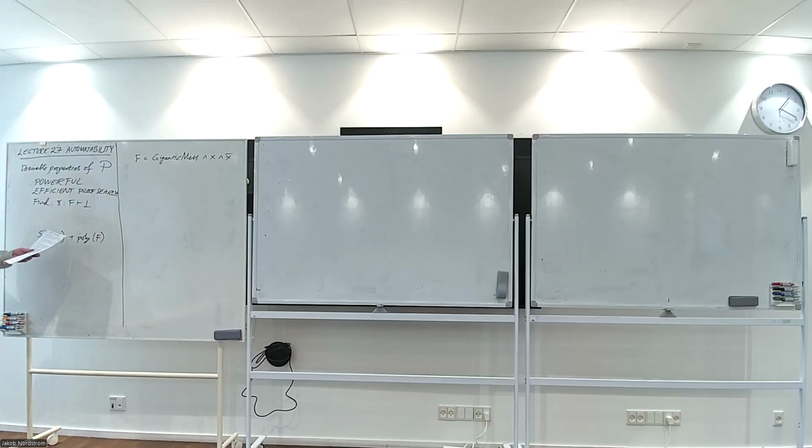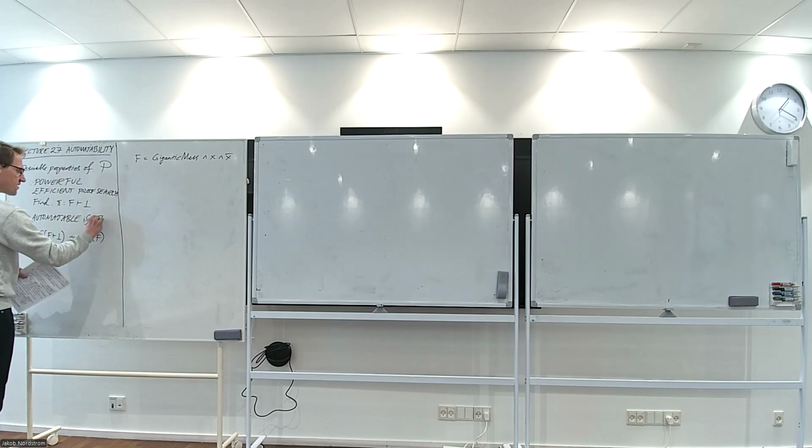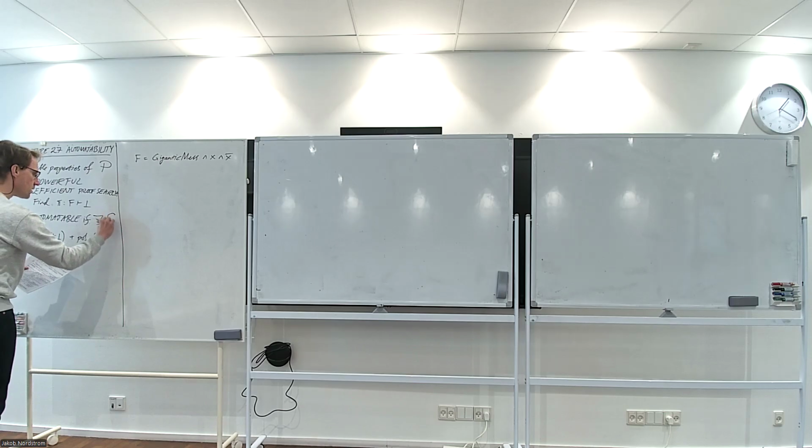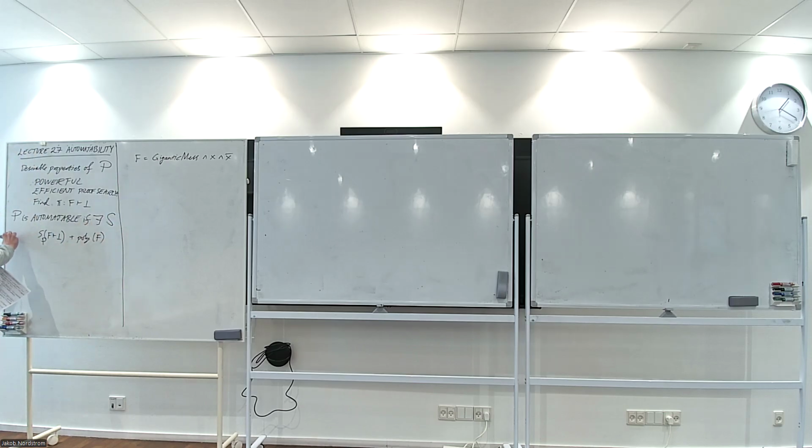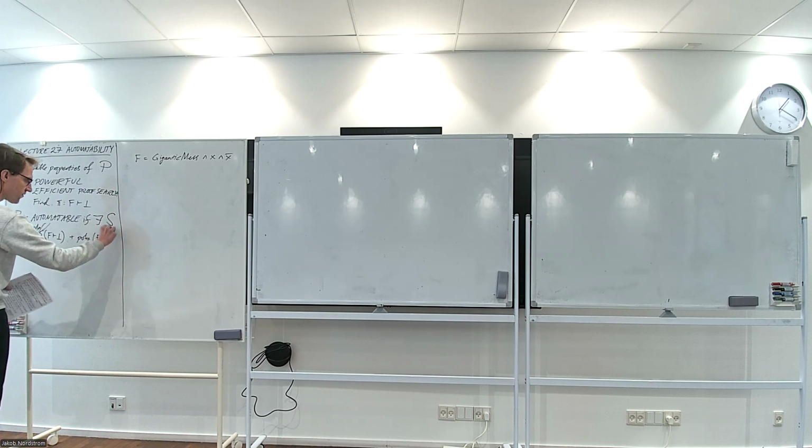So we'll say that the proof system P is automatable if there exists some algorithm, let me call it S for proof search algorithm, that runs in time polynomial in the size of the smallest proof plus the size of the formula itself.